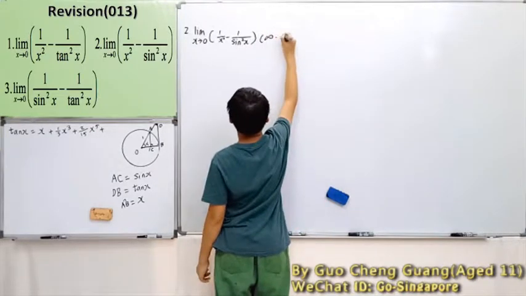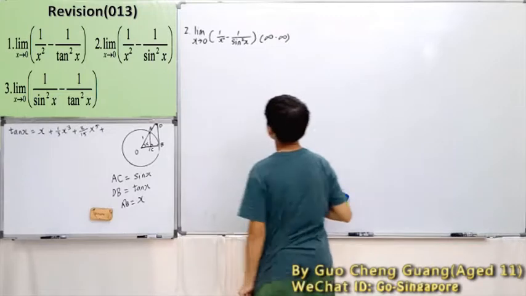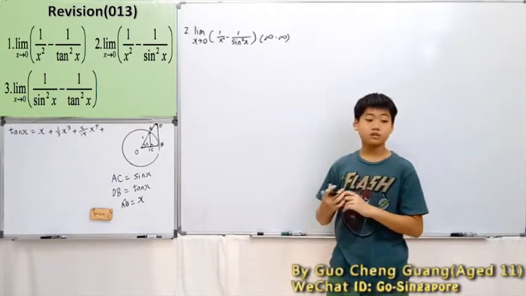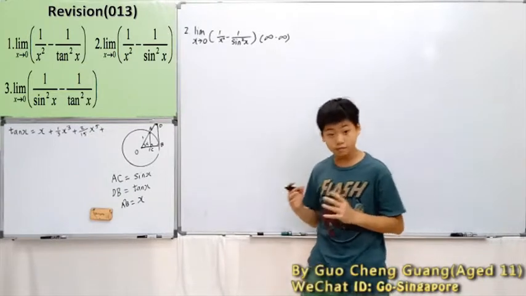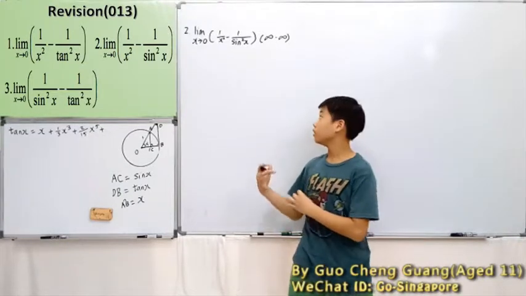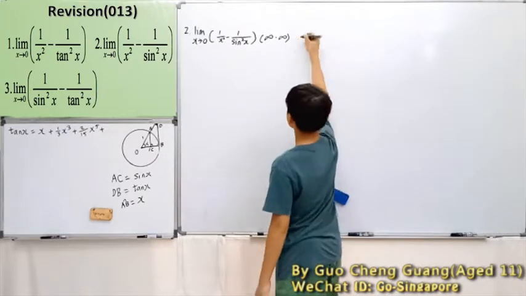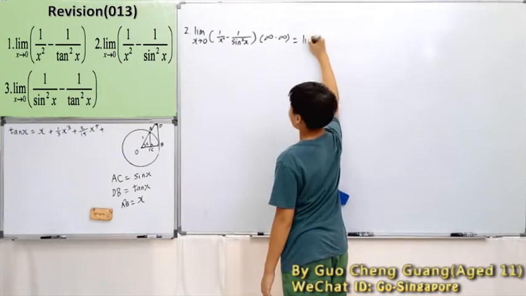Still infinity minus infinity. Now how about we try the same method, because sometimes different types of questions just change one part. You can still use the same method. So let's try that method again.